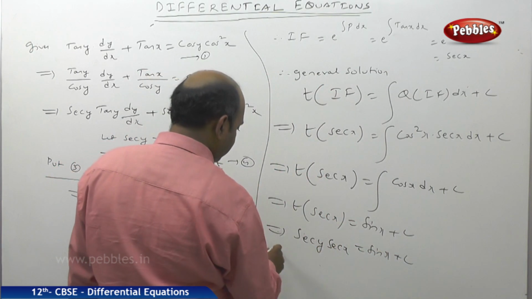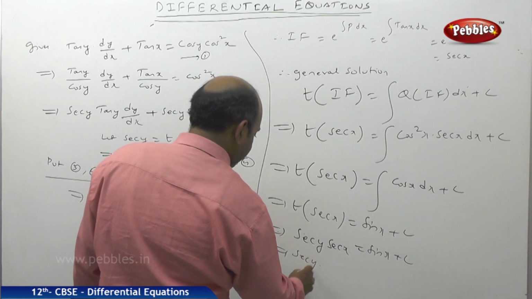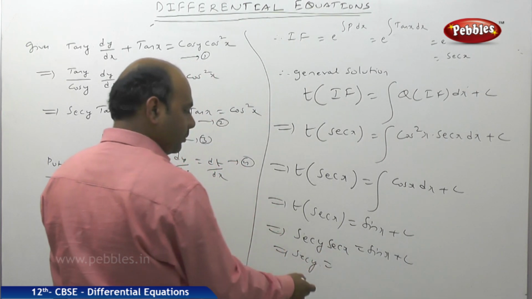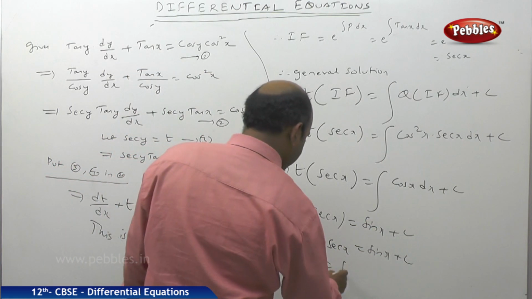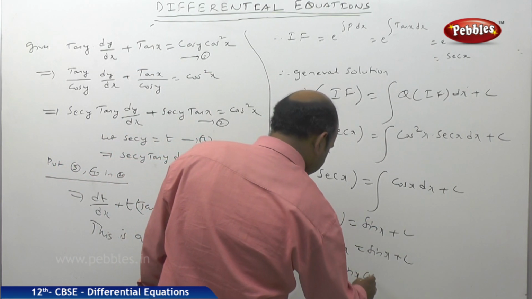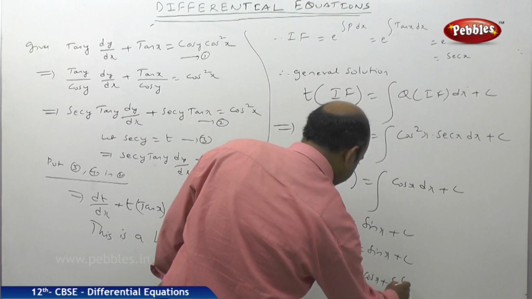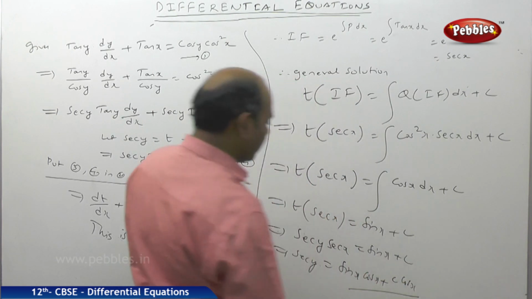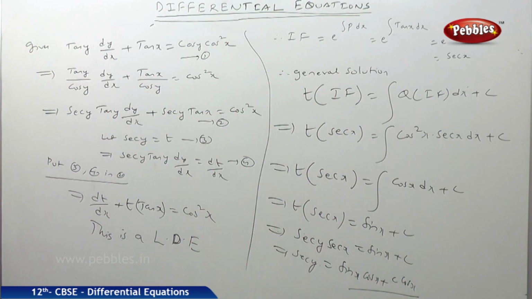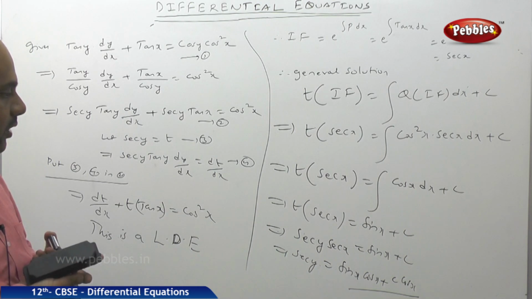Sec x is 1 by cos x, so I can transfer it to the other side: sin x cos x plus c cos x is the relation which satisfies the differential equation 1. With this we completed problems based on Bernoulli's equation.